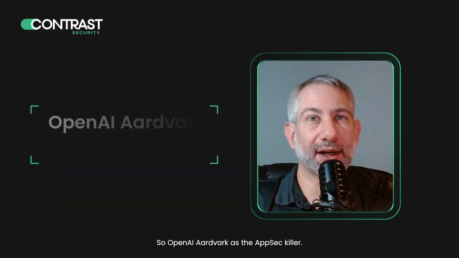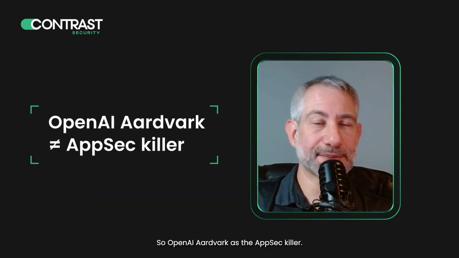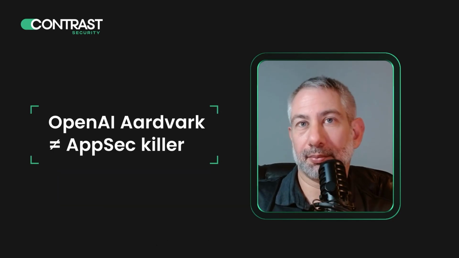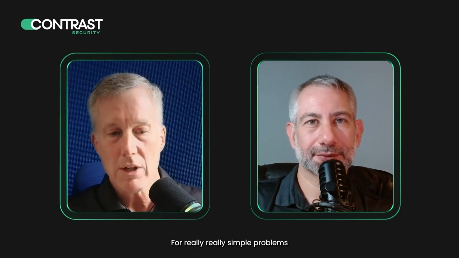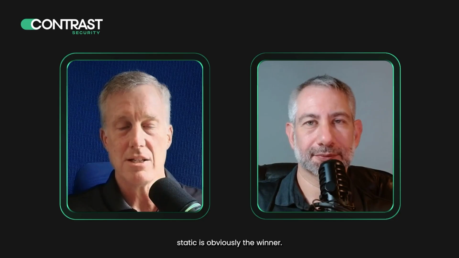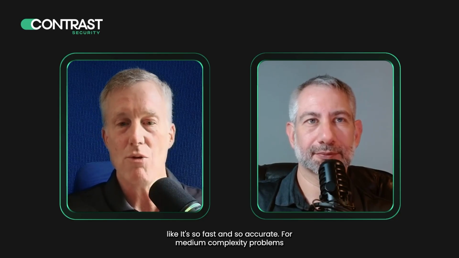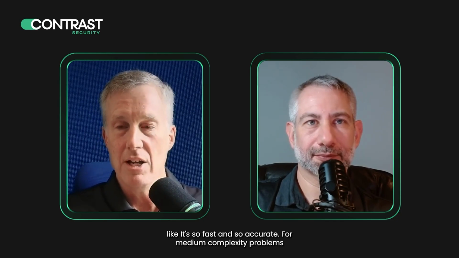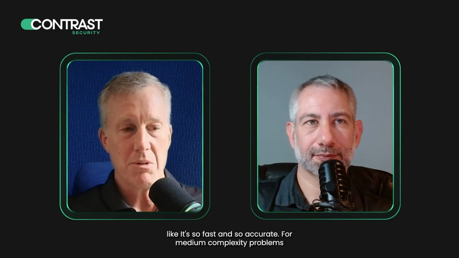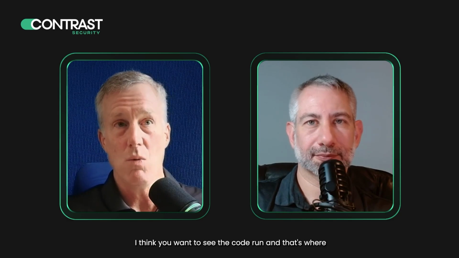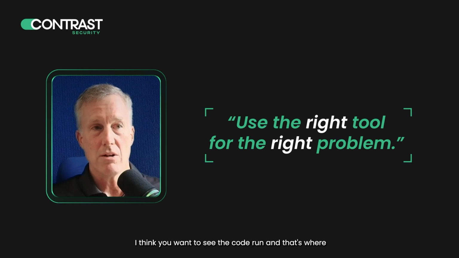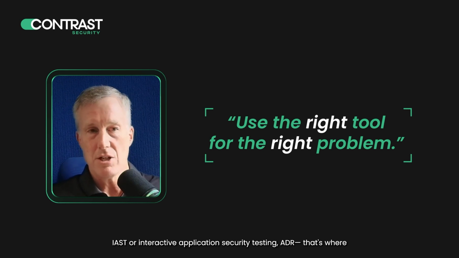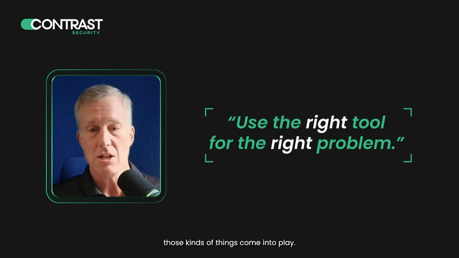So OpenAI Aardvark as the AppSec killer, neat headline, probably not true. For really, really simple problems, static is obviously the winner. It's so fast and so accurate. For medium complexity problems, I think you want to see the code run, and that's where IAST, or interactive application security testing, and ADR come into play.